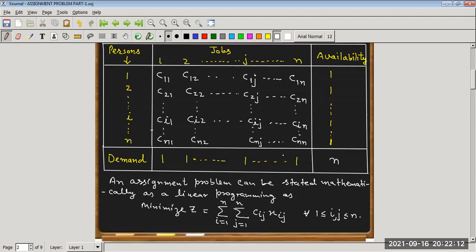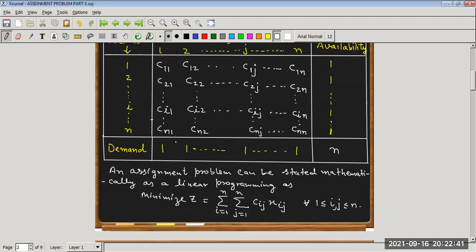So we have availability 1, 1, 1 in each column, and we have demand 1, 1, 1 in each row. But what is the meaning of these? Why do we get 1? Because each job goes to exactly one person, and each person gets exactly one job. So if the first job is assigned to the first person or second person, then we put 1 in that place and 0 in all other places.